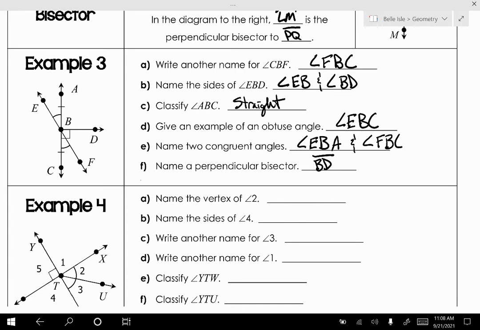No, perpendicular is a plus sign. So what do we think? Yay or nay for the only one? Nay. If we're saying nay, what other ones would we say could be a perpendicular bisector?